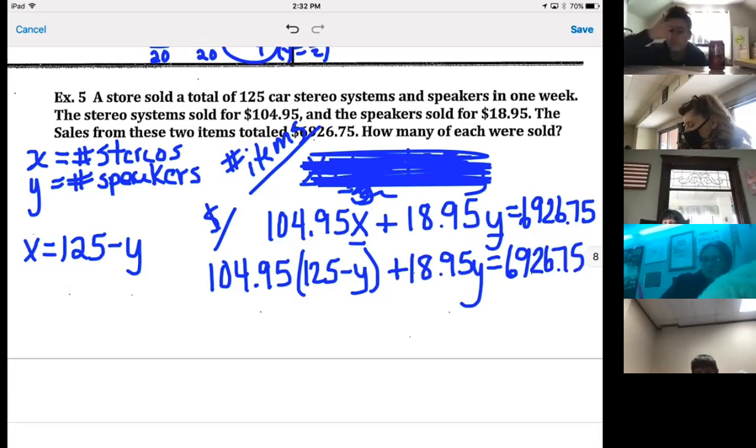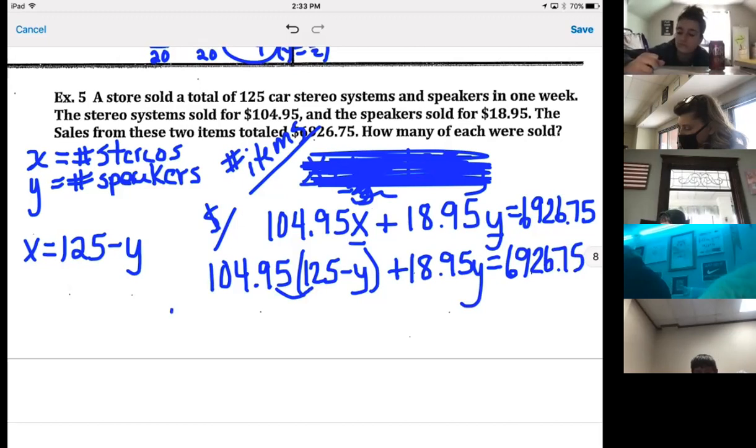Now we can distribute. Ew. See, this one would have been a really bad one to graph. 104.95 times 125.